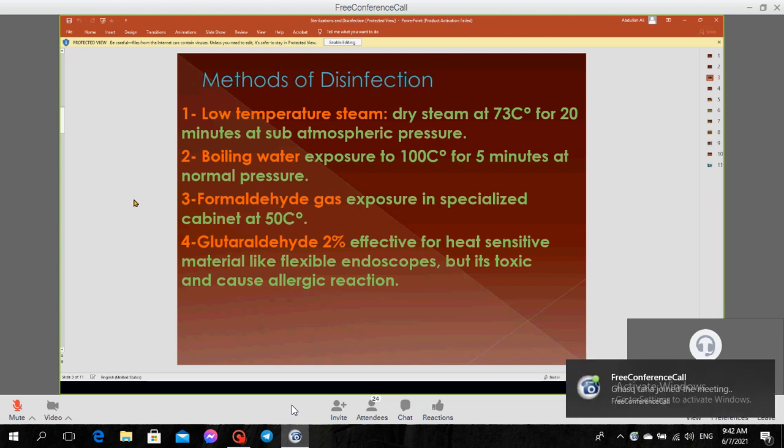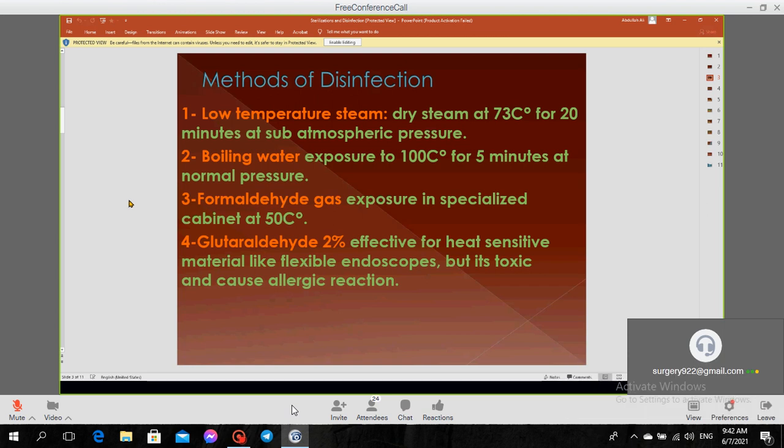The third method of disinfection, we can use formaldehyde gas exposure in a specialized cabinet at 50 degrees centigrade. Or fourth, we can use glutaraldehyde 2%, which is effective for heat sensitive materials.